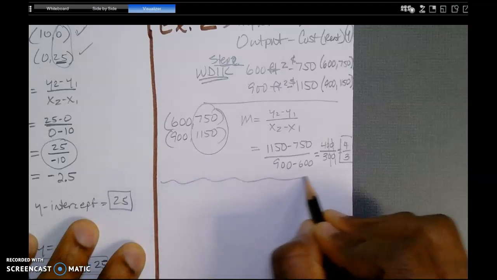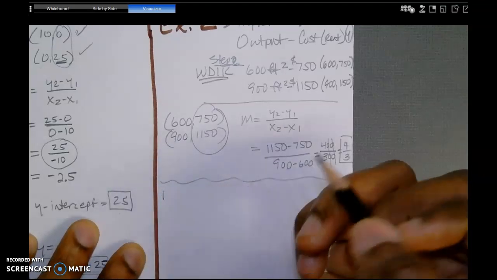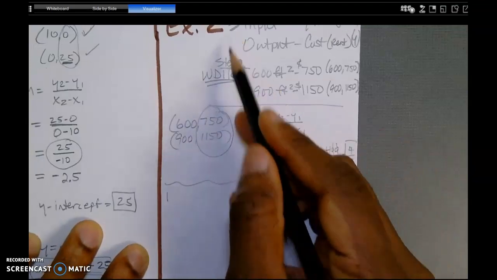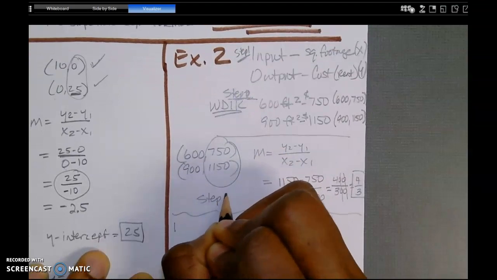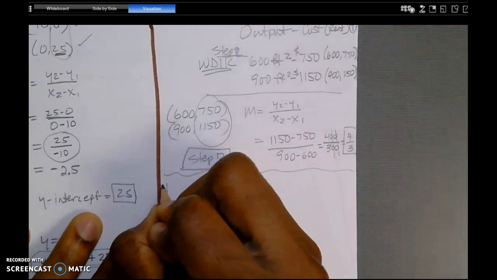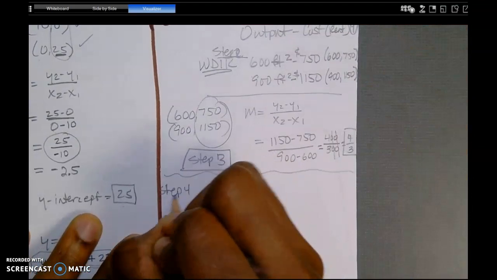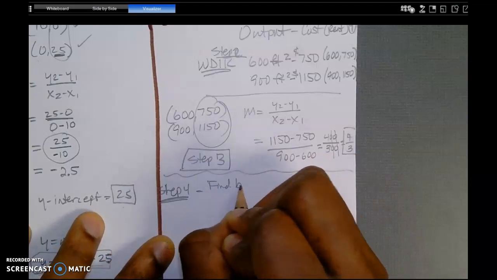Now, the next step is for me to find my B value, okay? So in this case, I had step number 1, step number 2, step number 3. In this particular instance was for me to find my slope. Step number 4, in this case, is for me to find B, okay?